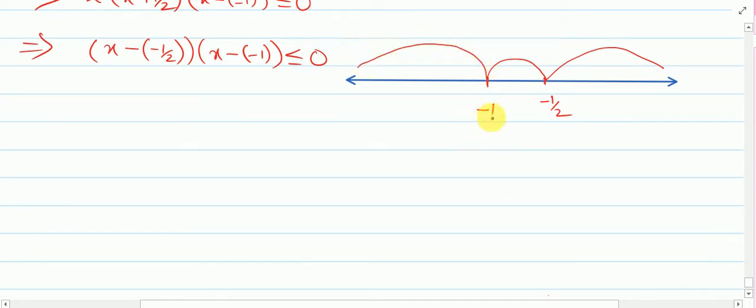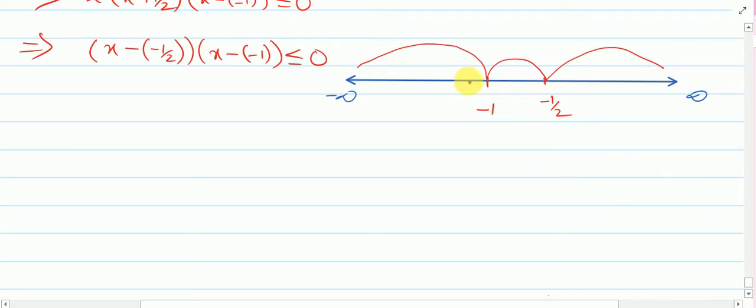Now see, here we saw that due to this minus 1 and minus half, this number line got divided into 3 segments. Here is minus infinity, here it is plus infinity. So one segment is from minus infinity to minus 1, one is minus 1 to minus half, one is minus half to infinity.